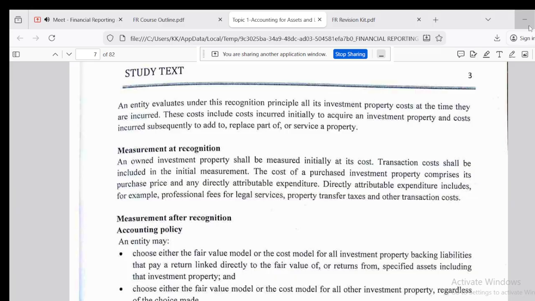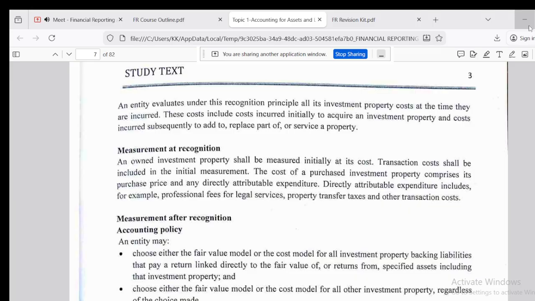That is what we call legal service, so that is the legal fee that will be charged. Then property transfer taxes: there are always some taxes associated with it, and other transaction costs. Those are called the directly attributable expenditure. Exactly.